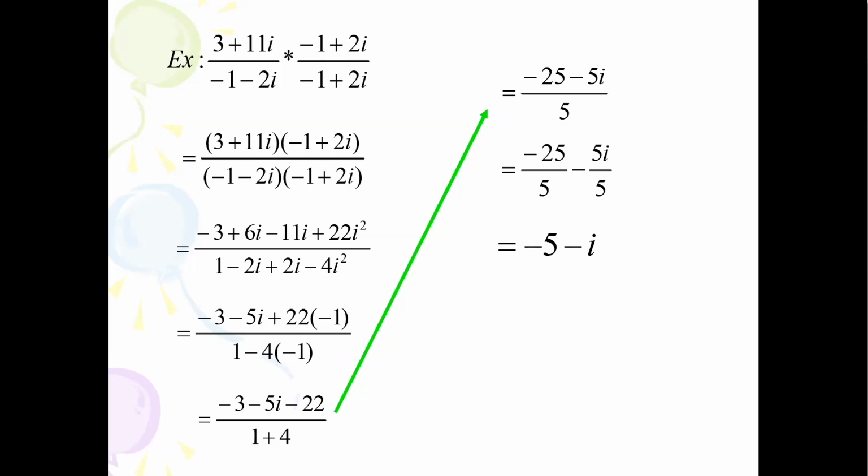Some of them will have some horrible fractions. Well, we'll come to some that are written with surd form in just a moment, right? When we finish this topic, we'll go on to surds. So the process, we don't say we're dividing 3 plus 11i by -1 minus 2i.